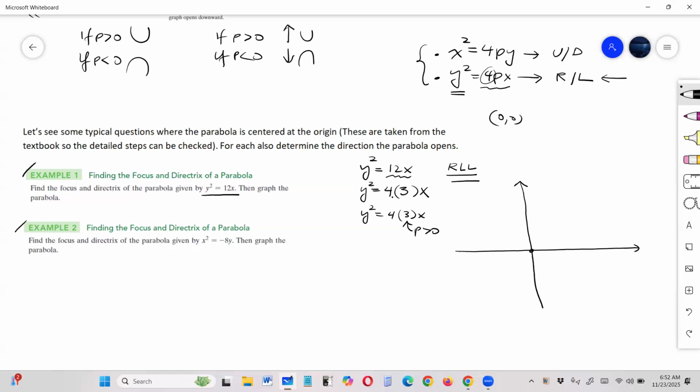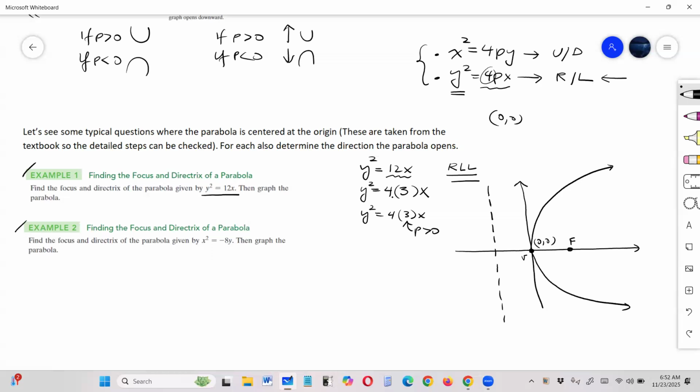So let's see if we can graph this. Okay, so this is my parabola. The vertex is at the origin. This is the vertex. The focus is here. Now label F. The directrix is always opposite to the focus, on the other side of the vertex. So in this case, the directrix is going to be here.